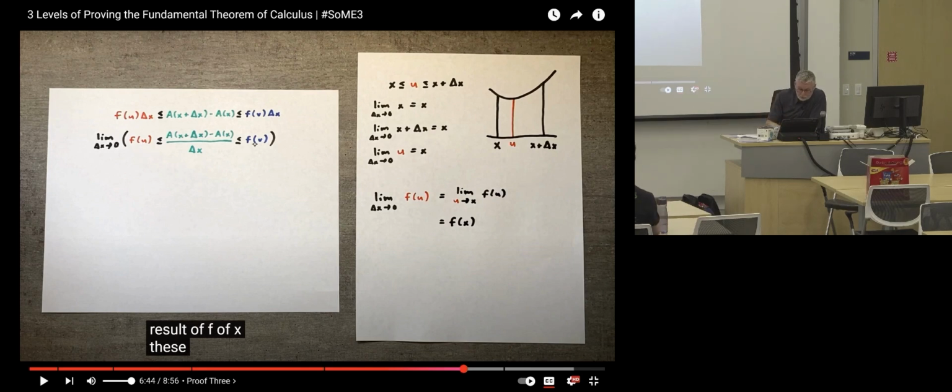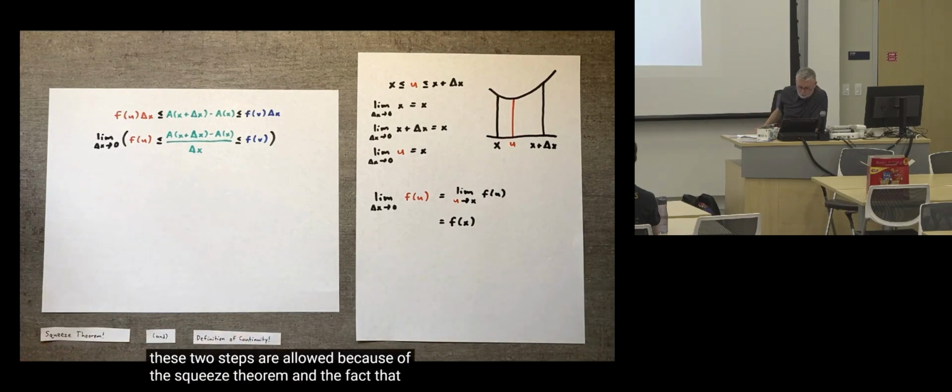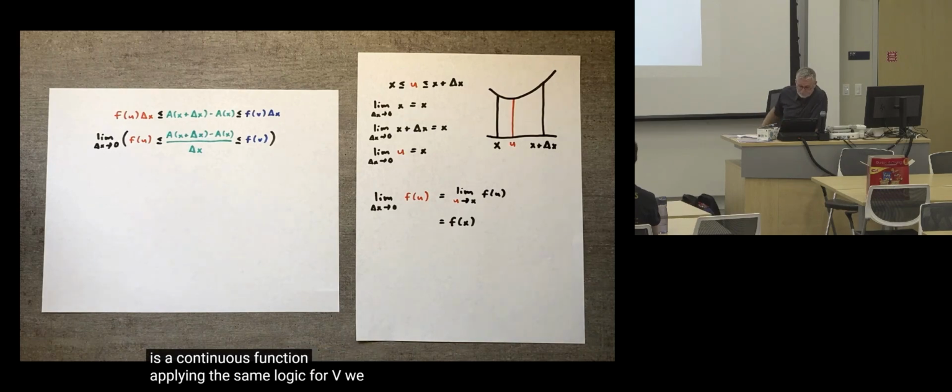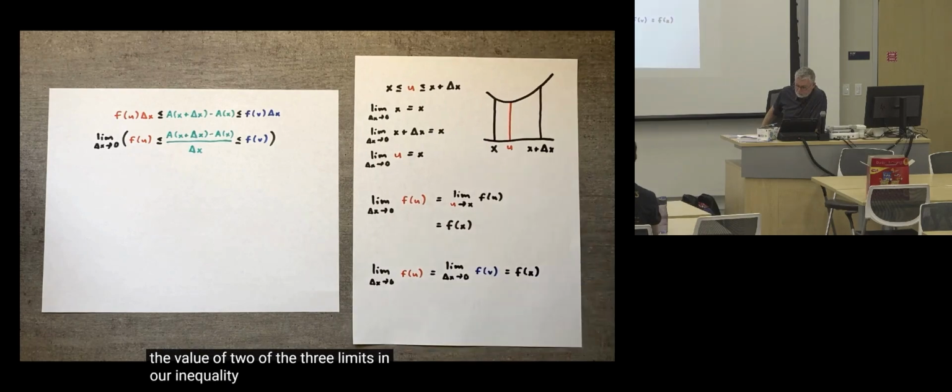This is our Archimedes approximation principle, lower bound, upper bound, which is the squeeze theorem again. Archimedes and the squeeze theorem: two sides of the same coin. Applying the same logic for v, we have the value of 2 of the 3 limits in our inequality.